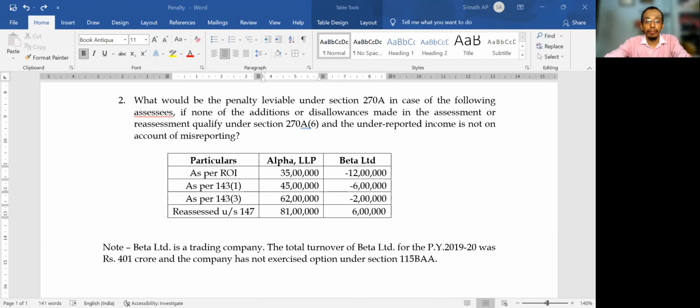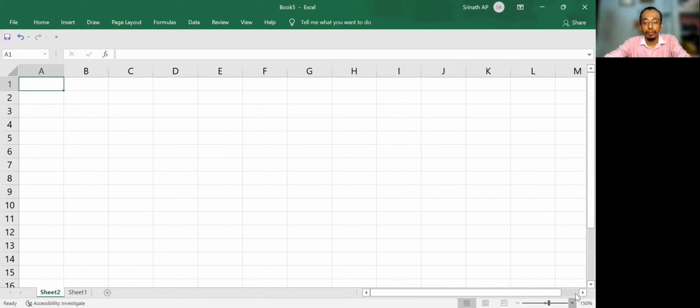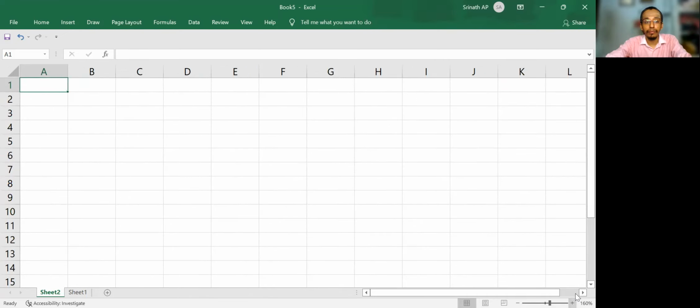Understand this. First, assessment under section 143(3). It is underreporting of income.